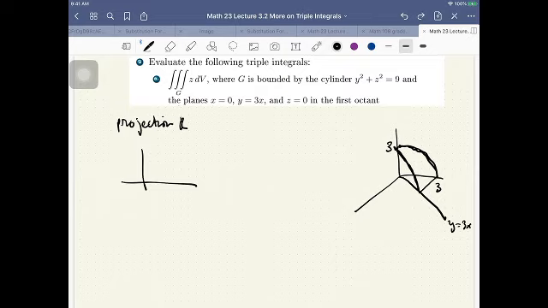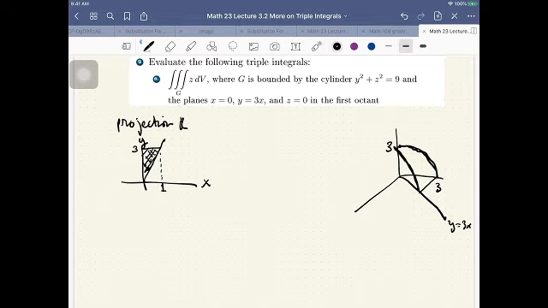So let me correct that. This is on the XY plane. Here you have y equals 3x. Y equals 3x would look like that because the slope is equal to 3, and then y would be equal to 3, so that means that here it's 1.